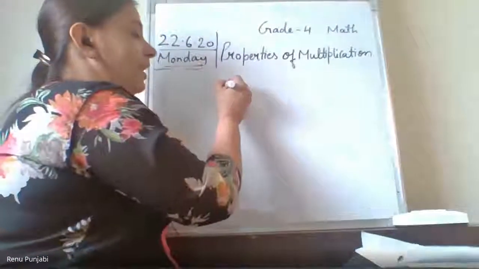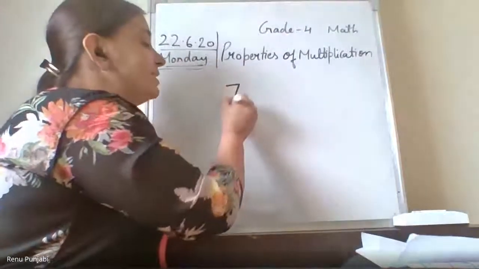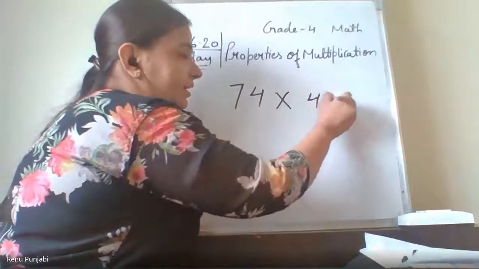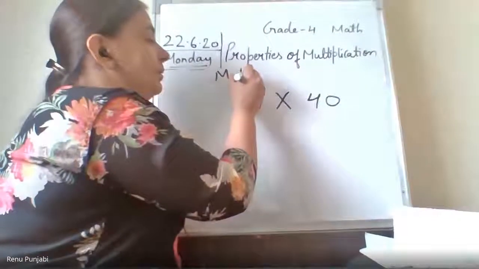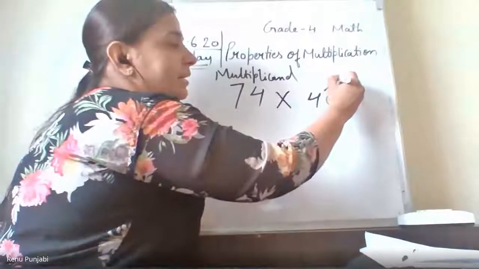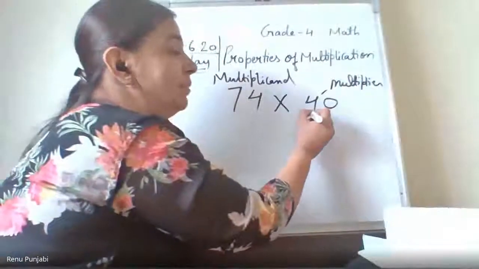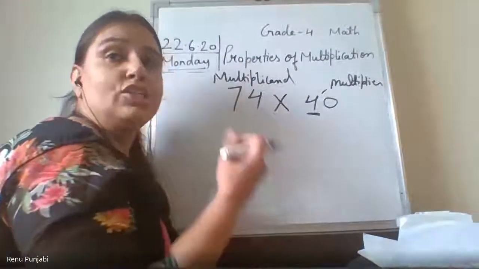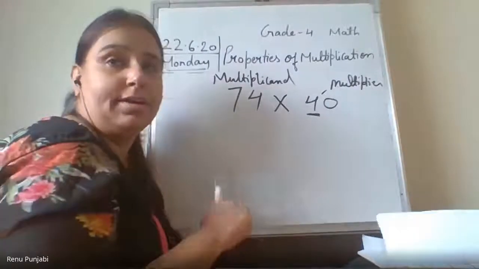See, I'll show you another example. If we have 74 and I say to multiply it with 40, you should know that this is the multiplicand, this is the multiplier. In the multiplier, if you have 0, then instead of the long procedure, you should pay attention here for the shortcut method.